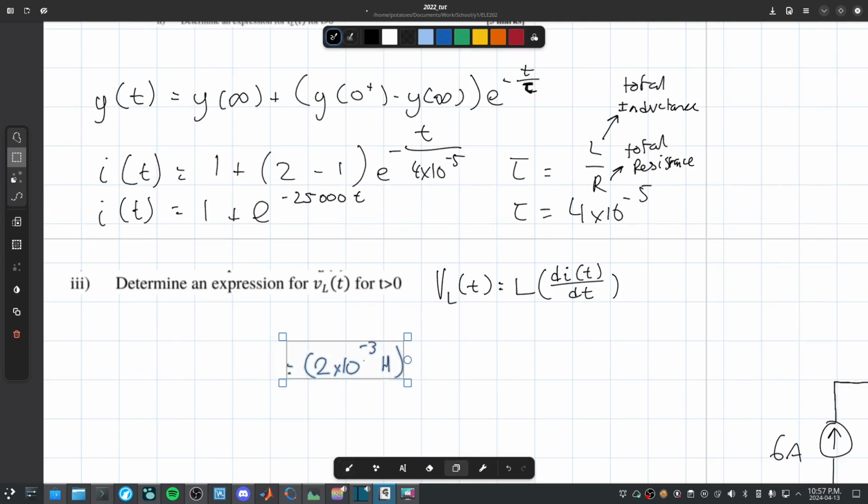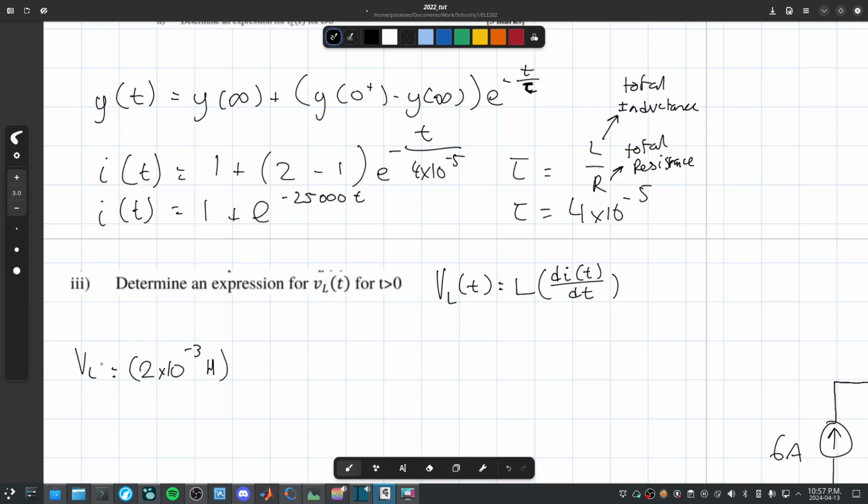So what is the derivative of our function? Well, this is just calculus, right? VL is a function of time. The rule is that we do the derivative of the exponent, that's the derivative of negative 25,000 t, times ln of the base, which is just e, so that's 1. That goes away.